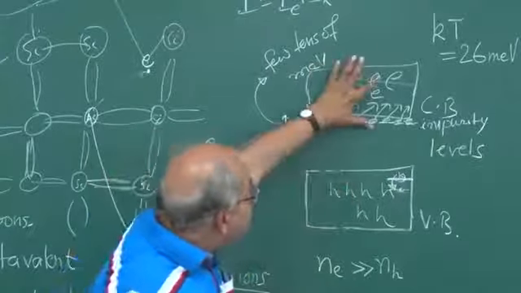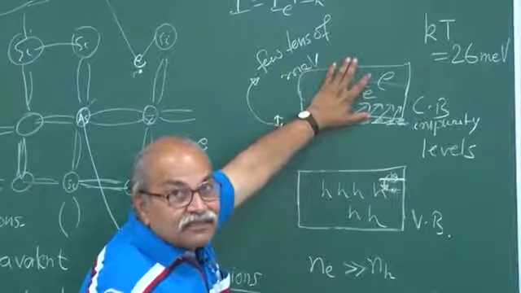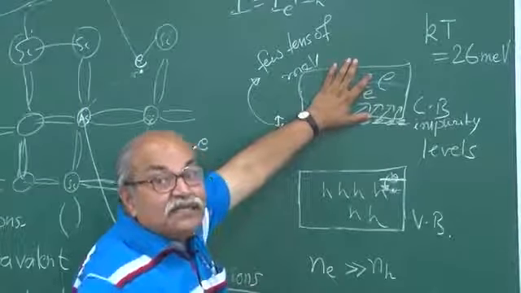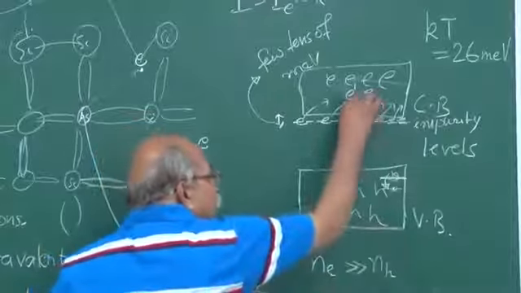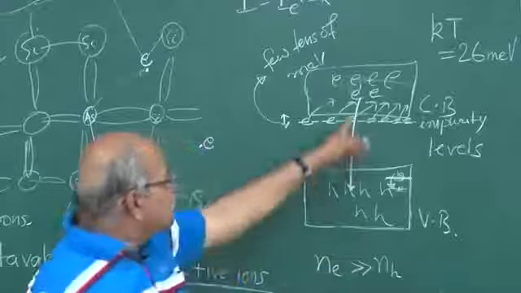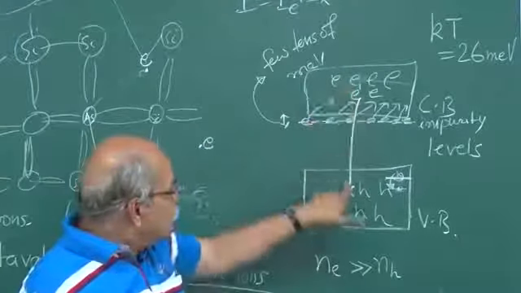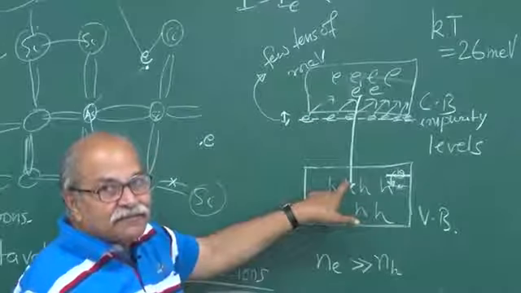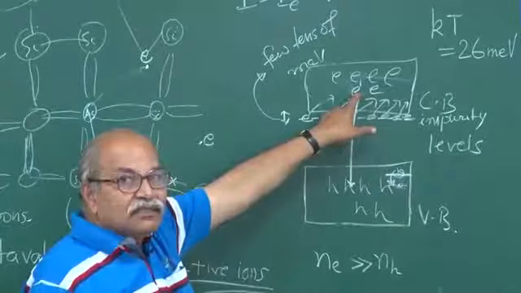But if you have a much larger number of electrons here, you have increased the number of electrons, then the probability that one electron goes and fills this hole and this pair is destroyed, this electron just goes and sits in this quantum state. So you don't have any more electron here.